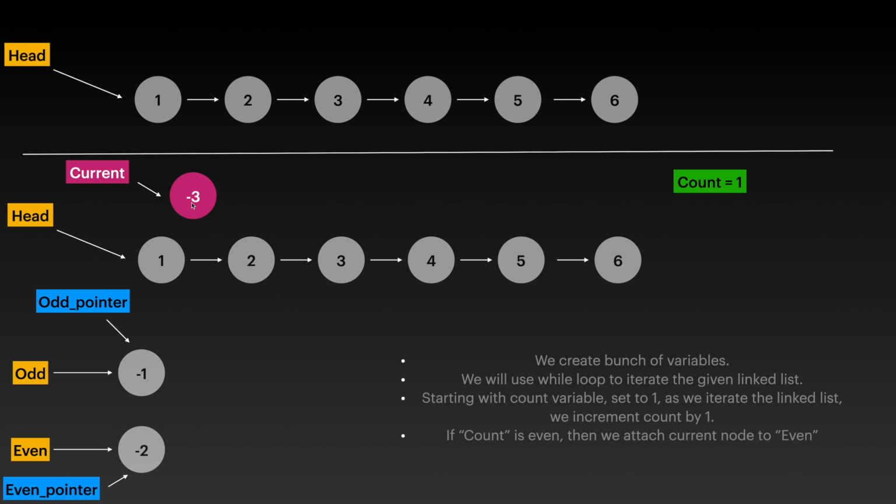Here we have a current, and this is just some dummy list node, and then we have two additional nodes here with numbers -1 and -2. The value itself doesn't matter, because when we return the result we will be skipping this and just returning out dot next, whatever comes next.